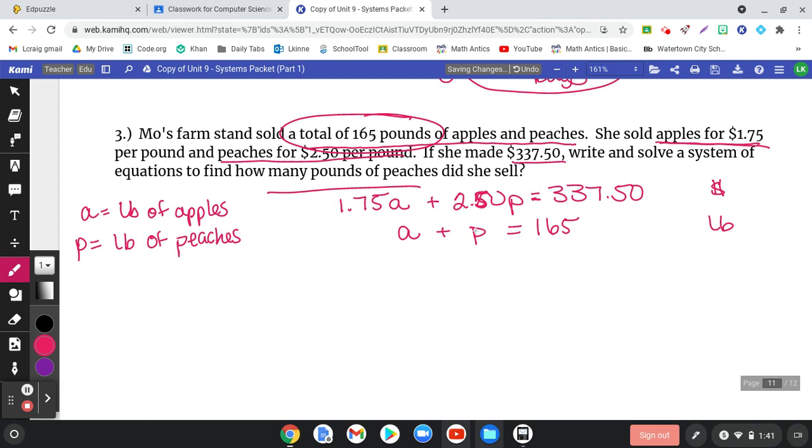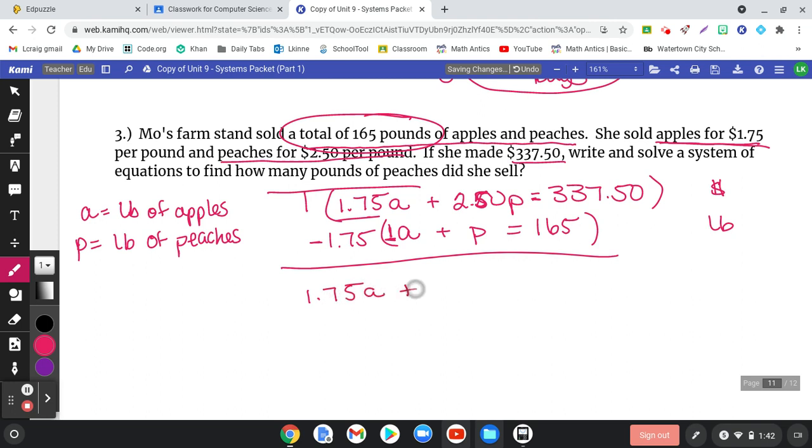All right, so if we multiply the top by 1, because everything's lined up, and the bottom by the opposite of the top, negative 1.75, right? Multiply the top by the lead coefficient in the bottom by the lead coefficient in the top. Well, the top will be easy. You multiply that whole thing by 1, it's just going to stay as 1.75A plus 2.5P equals 337.50.